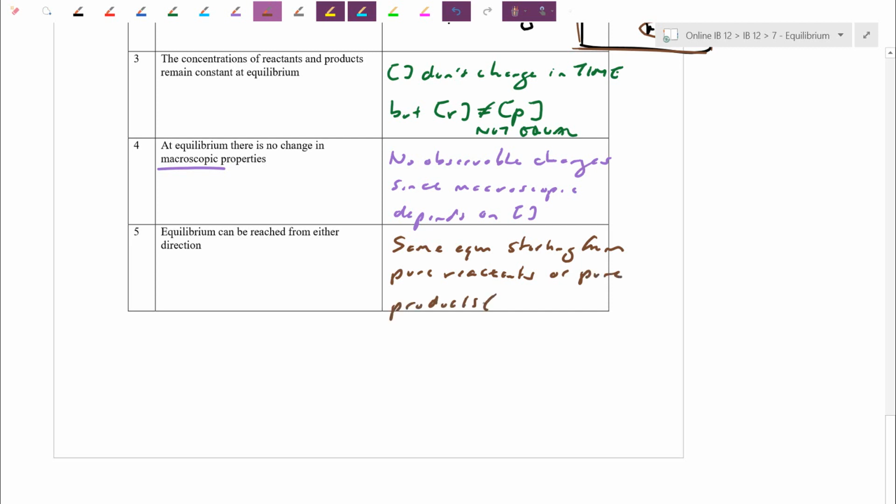It could even be some mixture of reactants and products. We're going to naturally hit the same equilibrium, and this conclusion is not immediately obvious, but for the same temperature, as long as the temperature is the same, it doesn't matter if you start off with all the left side or all the right side, you're going to end up hitting the same equilibrium.